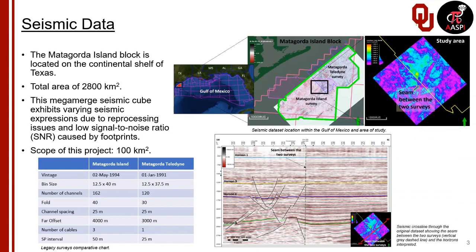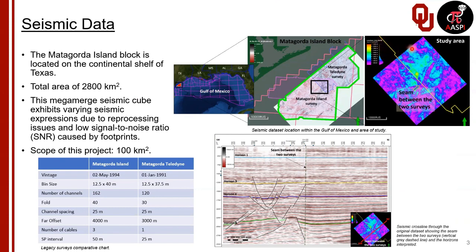Well, my seismic dataset is located in the Gulf of Mexico, in the Matagorda Island. It is a very extensive seismic dataset, 2,800 square kilometers, but for the purpose of this research, I cropped the area only to where the problem is more evident.